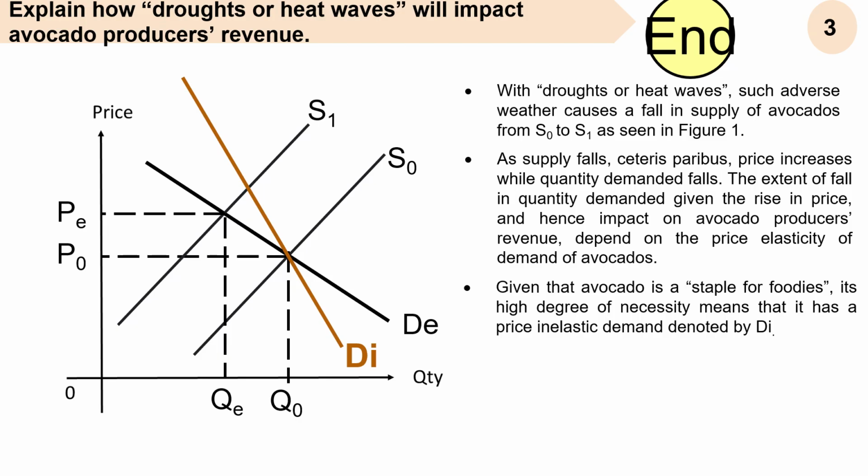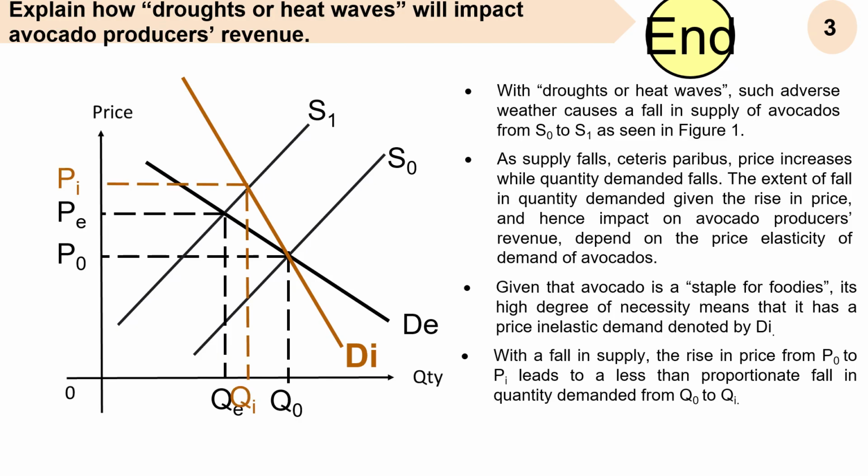It's just a normal increase. It's only when I have a more inelastic demand curve, then you see that this new intersection is at PI and QI, and there's a sharp increase in price.